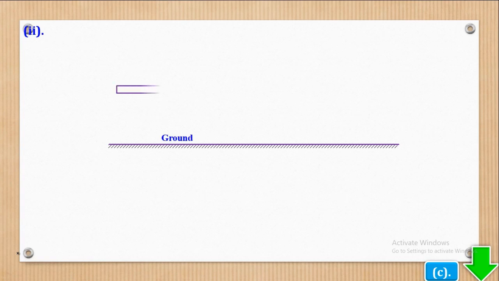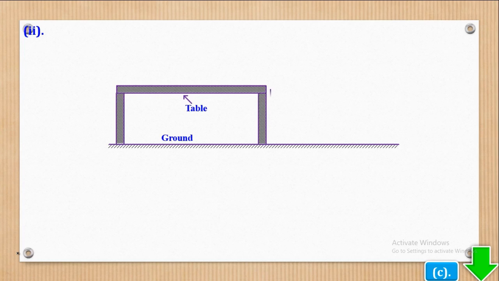So we have the horizontal ground, then we have the table, and the table was 5 meters in height, 5 meters above the ground. So you put there 5 meters. Then you put there a block of mass 3.95 kilograms, initially at rest, that's why there is a velocity 0.